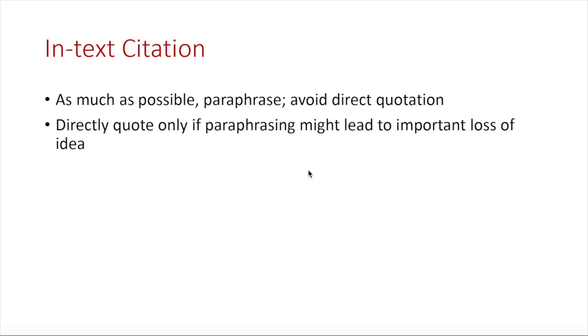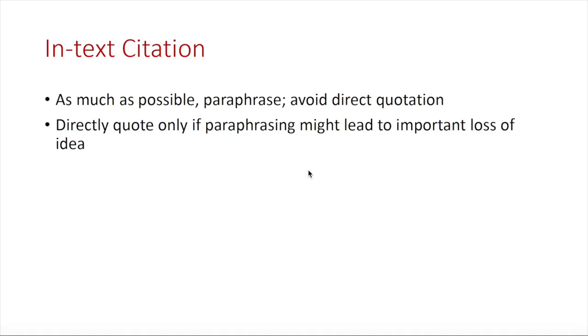If we want to quote verbatim from our sources, this is only done when paraphrasing is not the best option, and it is not the best option when you think that paraphrasing some of the ideas would lead to an important loss of information. We paraphrase, I guess, when we define certain things.